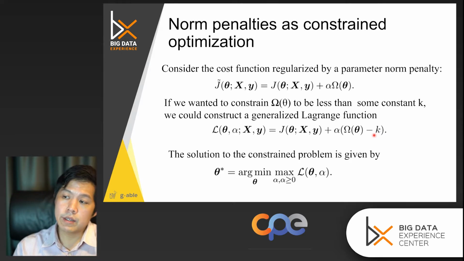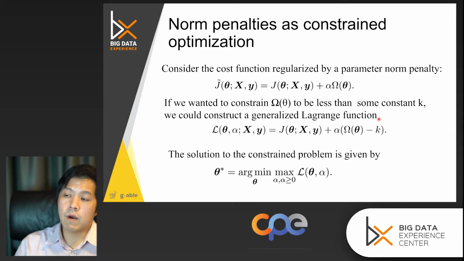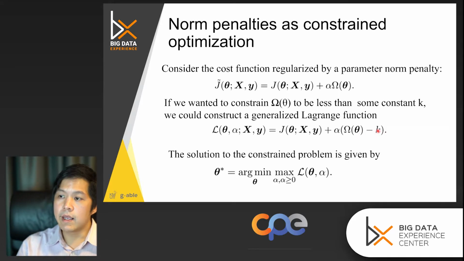Why do that? If you want the criteria here to be less than some constant k, right? Alpha minus k would do the trick. Why? If the value of omega here is less than k, then it means that the second term will be a negative value.